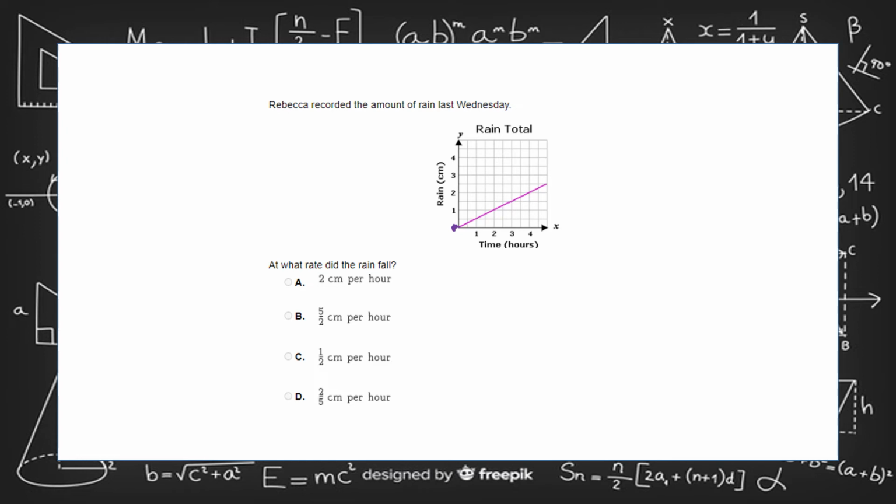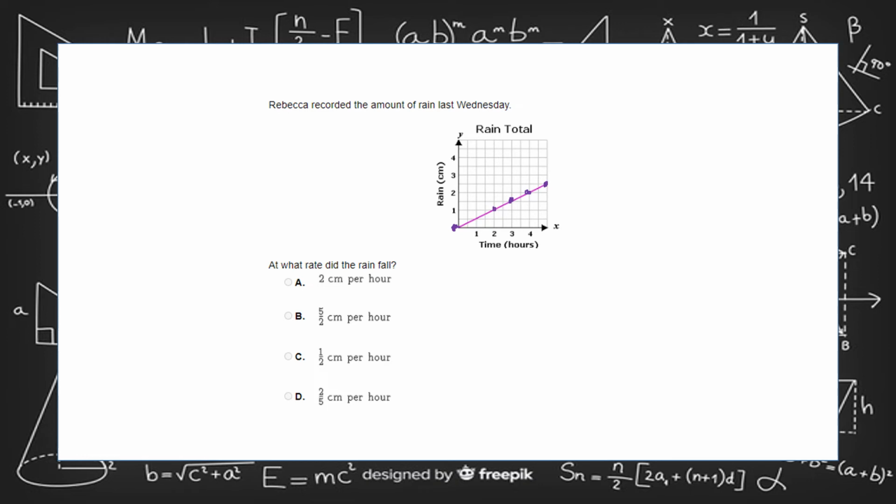Let's see. It does cross exactly right here and right here. Right there.